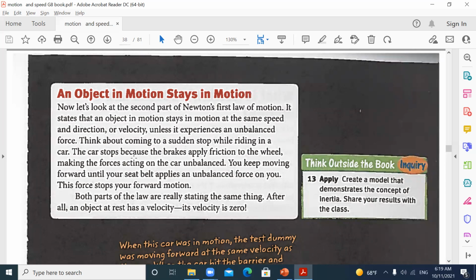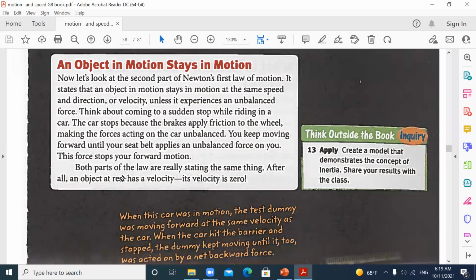The car stops because the brakes apply friction to the wheel, making a force act on the car. This unbalanced force acts on a moving object like the car. So the car will keep moving forward until it stops.